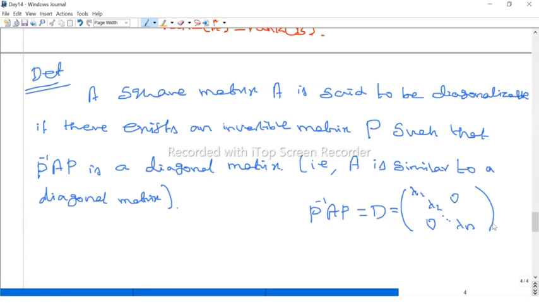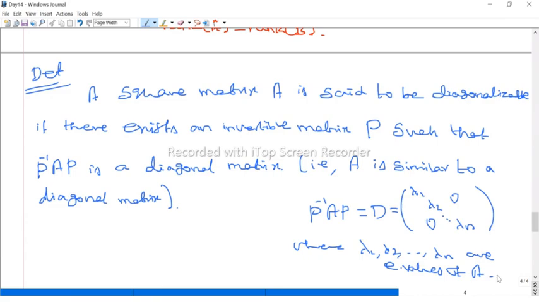The diagonal entries lambda 1, lambda 2, etc., lambda n are nothing but the eigenvalues of the matrix A. This is the definition of diagonalizable.